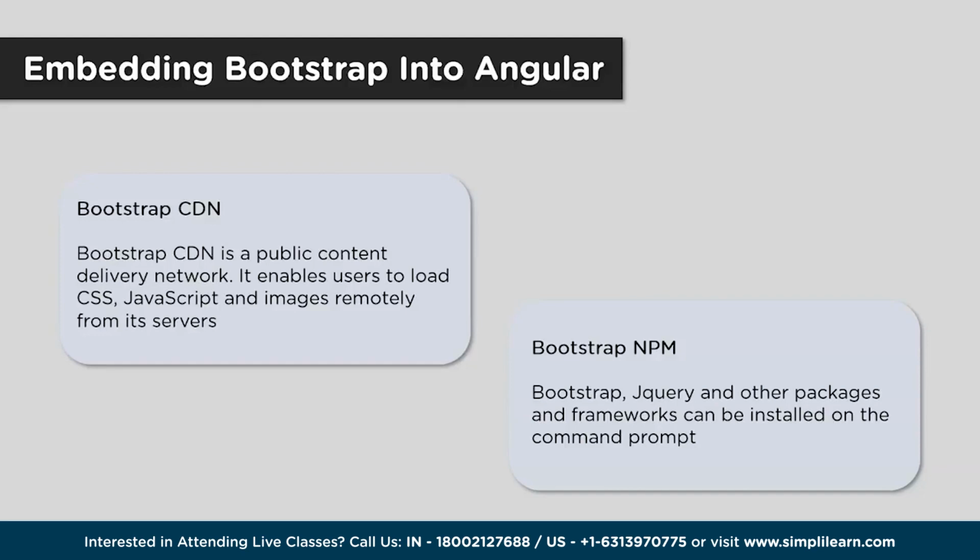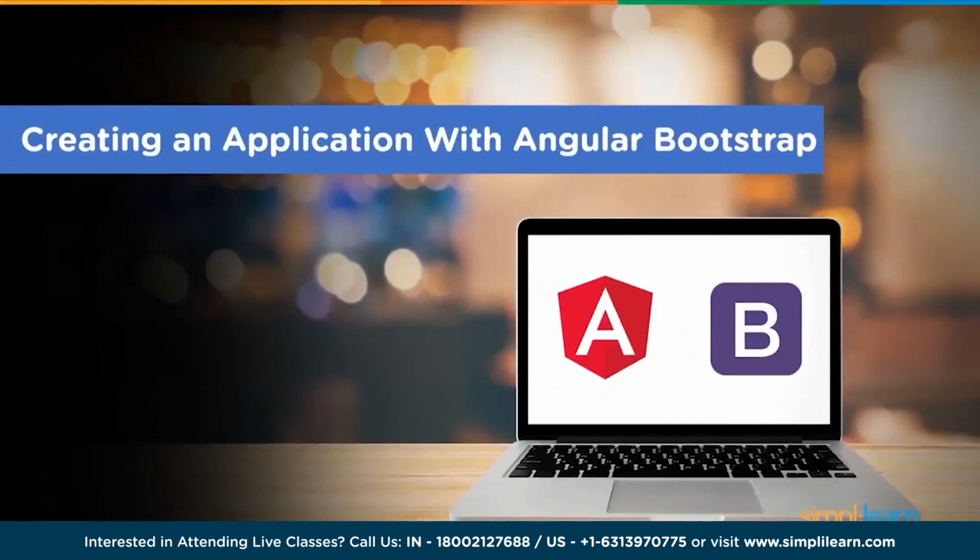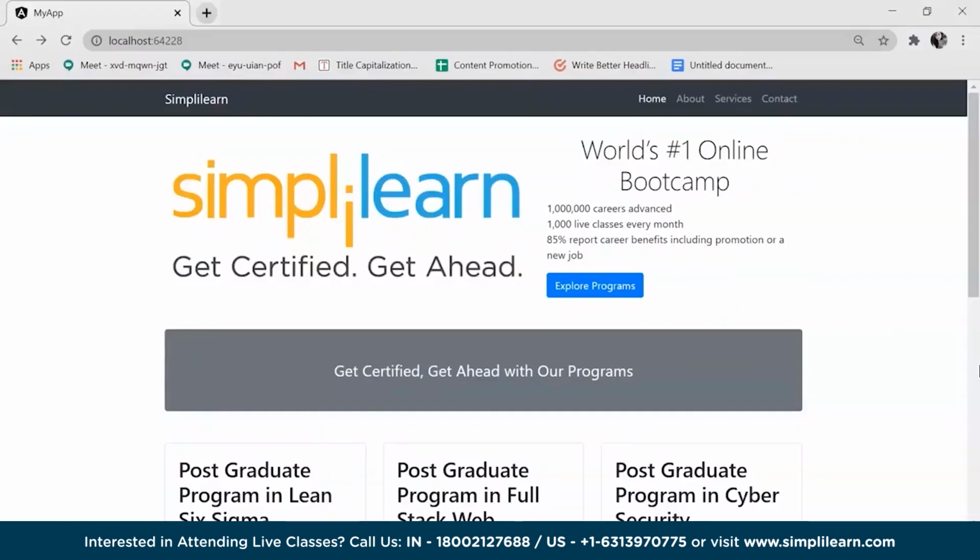Alright, so I'm sure you'll only understand the concept better when you look at a demo. So let's go ahead and create an application with the help of Angular Bootstrap. So in this tutorial, what I'm going to be showing is the creation of a blog post. So let me show you what we're going to be doing. So here I've created a simple blog for Simplilearn and I've added the Simplilearn logo.